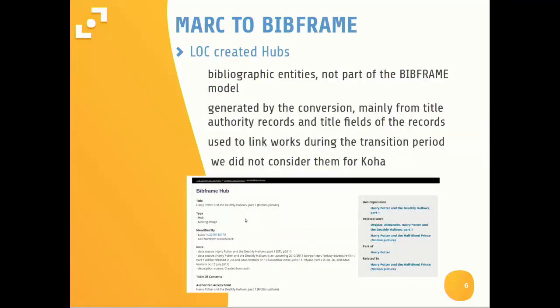Also, for the transition from MARC to Bibframe, the Library of Congress created what they named hubs, which are bibliographic entities that are not part of the official Bibframe model, but are useful to create the links between works and between the works and the instances. Those entities have been created automatically by the conversion from the title authority records that have been put in relation to the corresponding title fields or linked title fields of the bibliographic records.